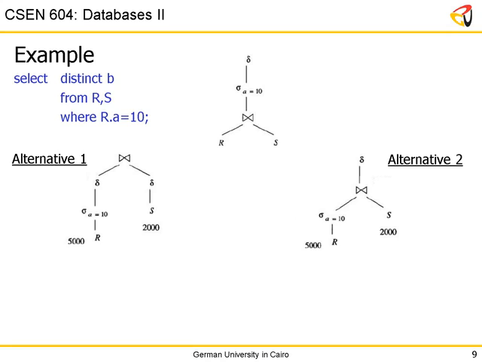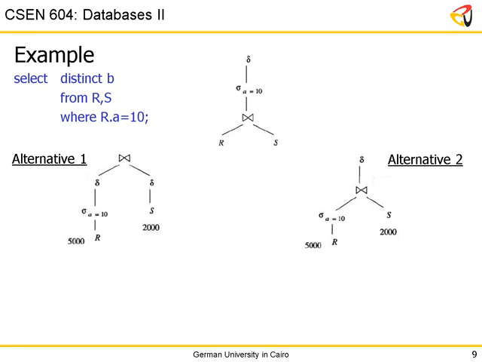Or I could do the same thing for R, do the select with a equal to 10, then join with s, and then postpone the distinct operator to the next level. So here's one alternative, here's a second alternative.